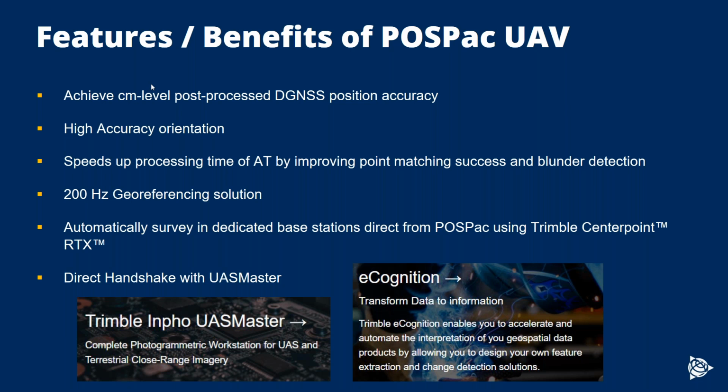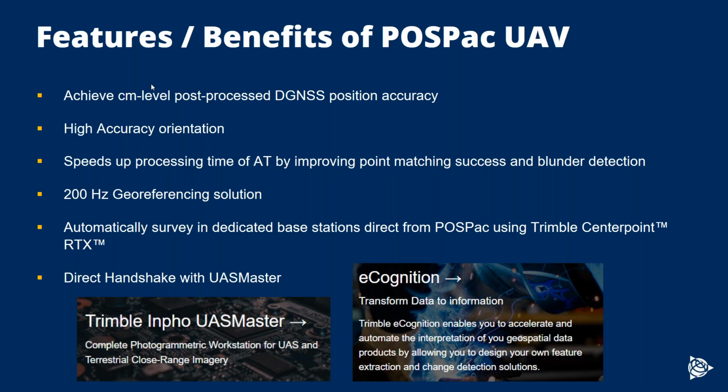So it's perhaps the best way to achieve high accuracy and accurate LiDAR position data. High accuracy orientation strengthens the geometry of our AT blocks, which reduces the side lap, so we can move from maybe 80% side lap to 40% side lap.